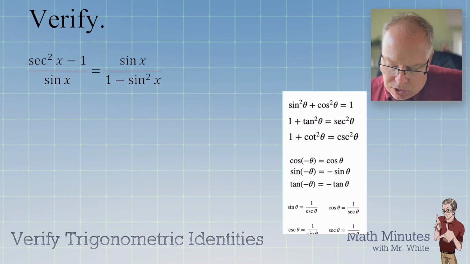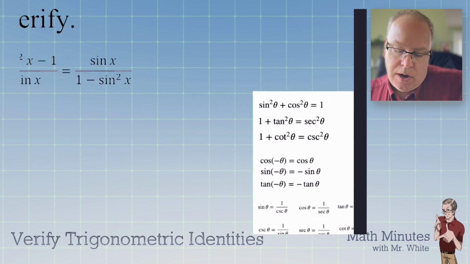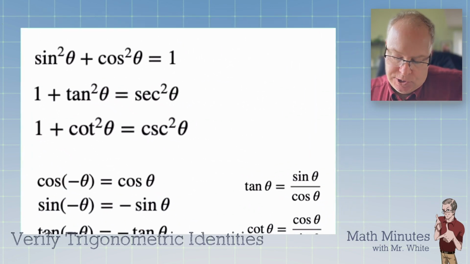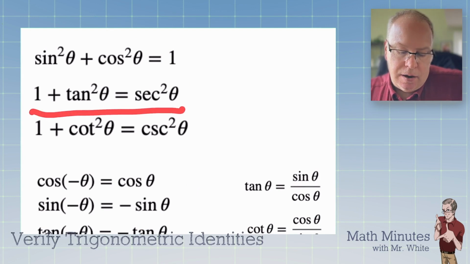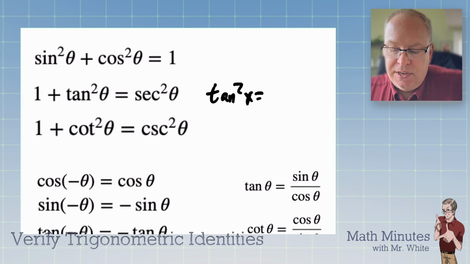Okay? So what do you see on the left side that could be simplified? Secant squared minus 1. That sounds familiar. Do you remember on that first slide, this one right here told us that tangent squared is secant squared minus 1.